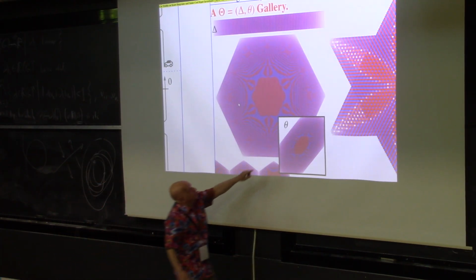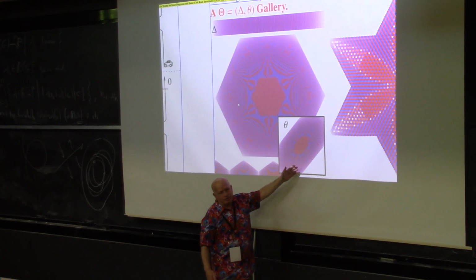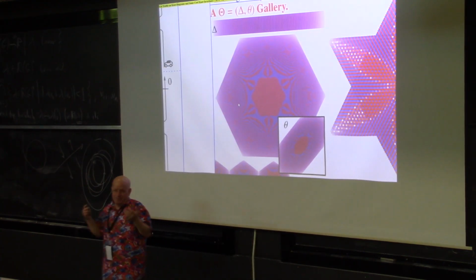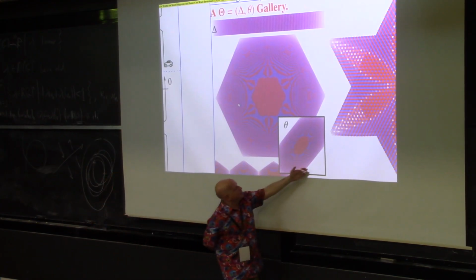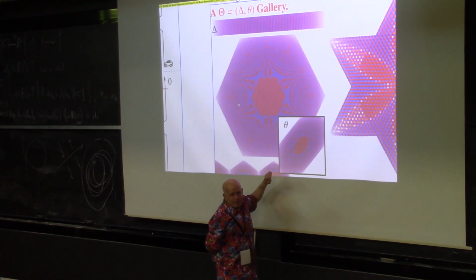This is the picture you get for theta for a 300 crossing knot. By the way, 300 crossings is kind of science fiction for other invariants. The mere fact that you can compute something for 300 crossing knots is amazing. But if you look at this picture, you see that there is a hidden hexagonal symmetry.